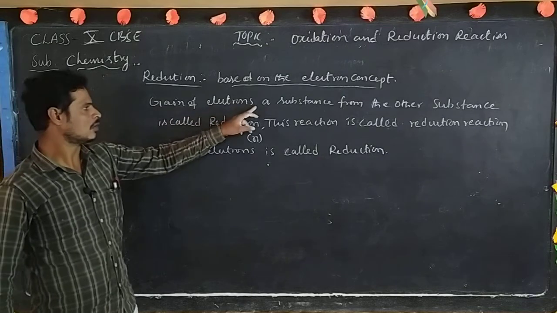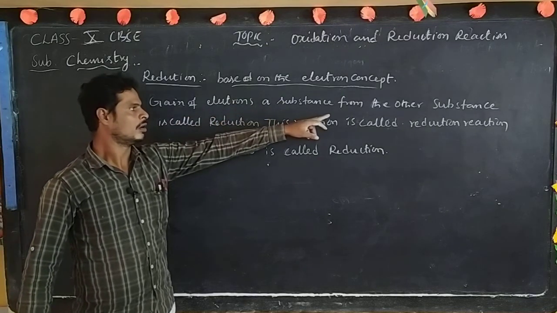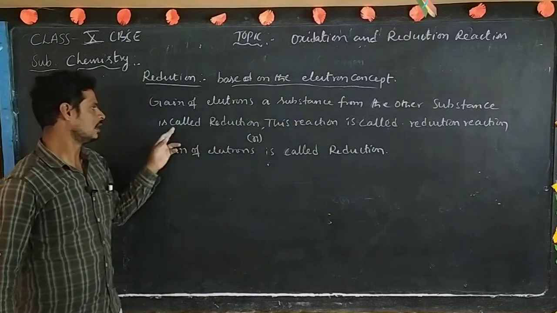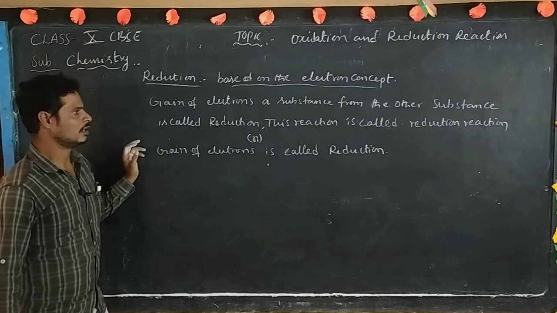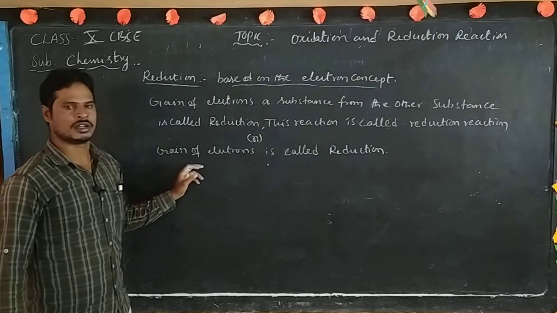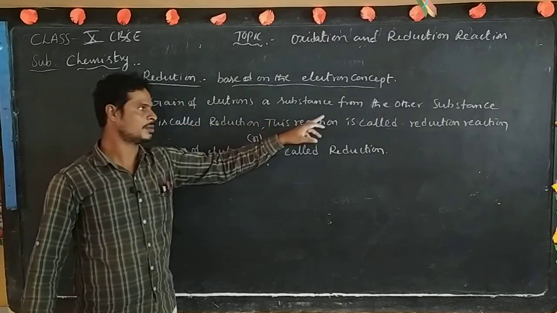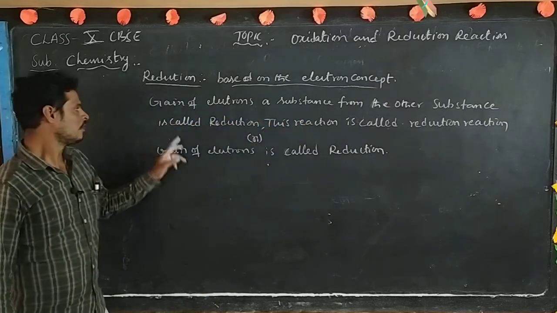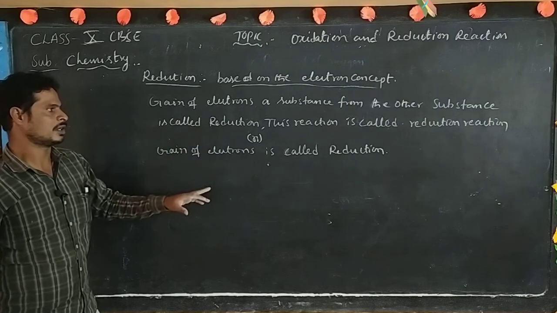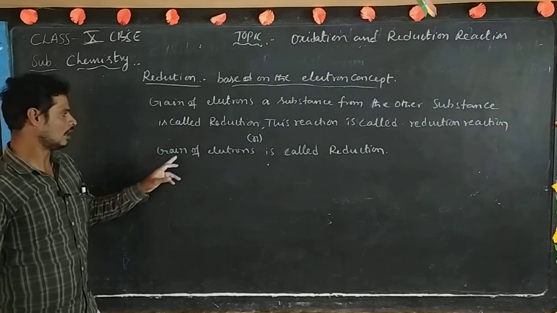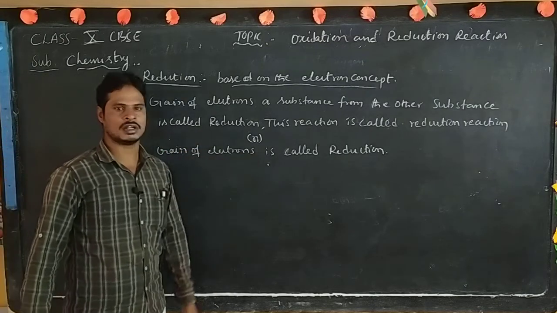Gain of electrons by a substance from another substance is called reduction. This reaction is called a reduction reaction. Gain of electrons is called reduction.